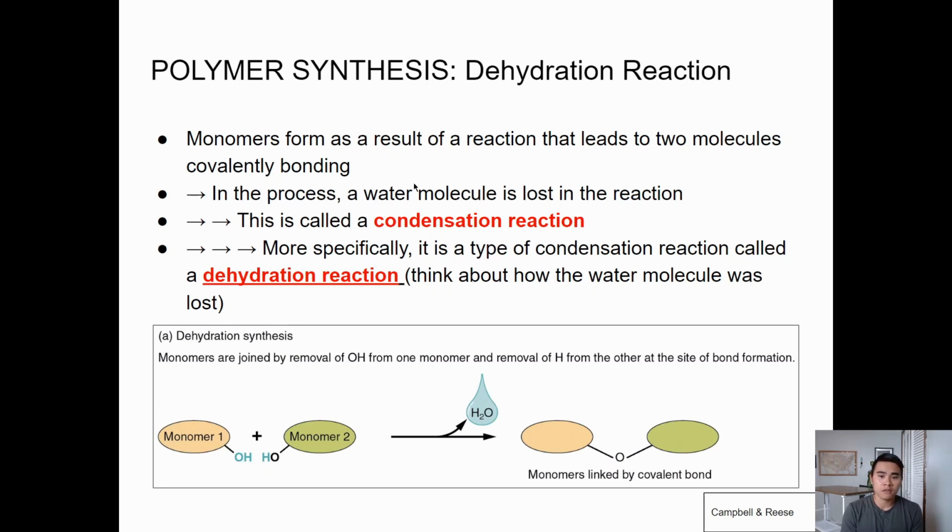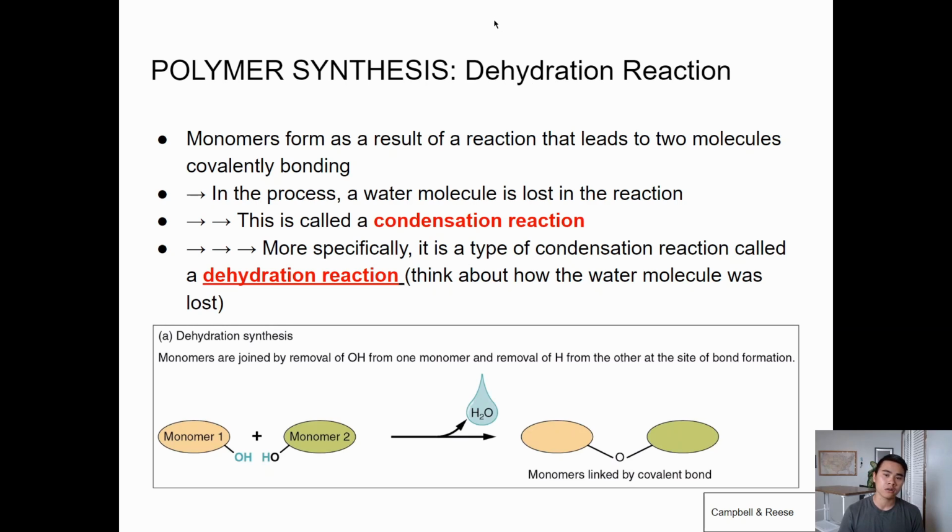Dehydration reaction is a larger umbrella term, but more specifically, the type of reaction that occurs is a condensation reaction. It is a type of condensation reaction called a dehydration reaction. I think I got it flipped in my explanation just now. So it is a condensation reaction, and the specific name for it is dehydration reaction.